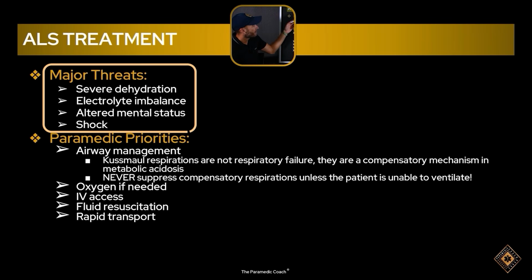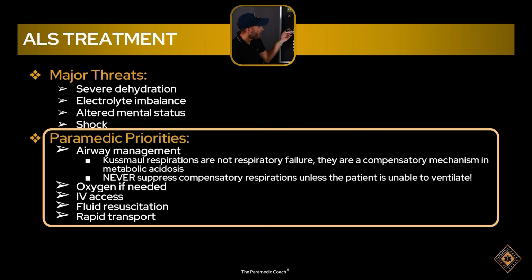So the major threats for these patients: severe dehydration, electrolyte imbalance, altered mental status, and shock. The paramedic priorities. We have airway management. Kussmaul respirations are not respiratory failure. This is a big thing. They may look like they're in respiratory failure, but they have a diabetic problem.